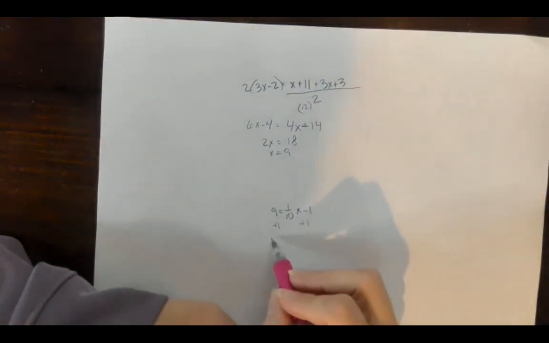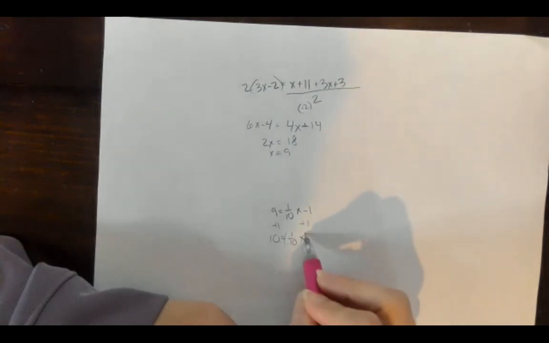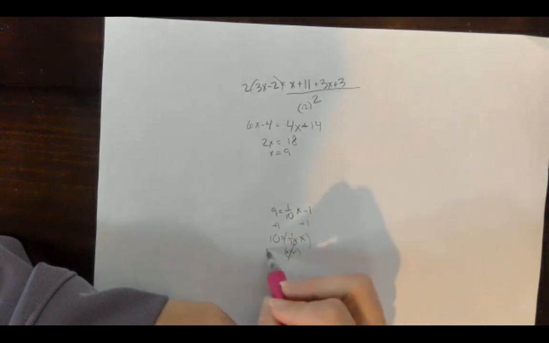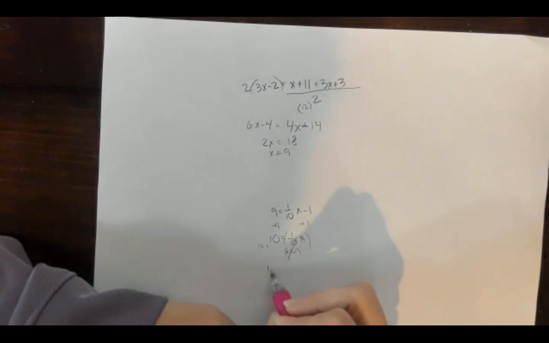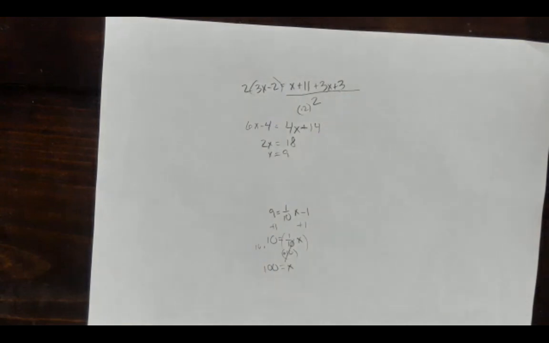So now we have 10 is 1/10 x. Multiply by 10 to clear that fraction. 100 is x. Make sense?